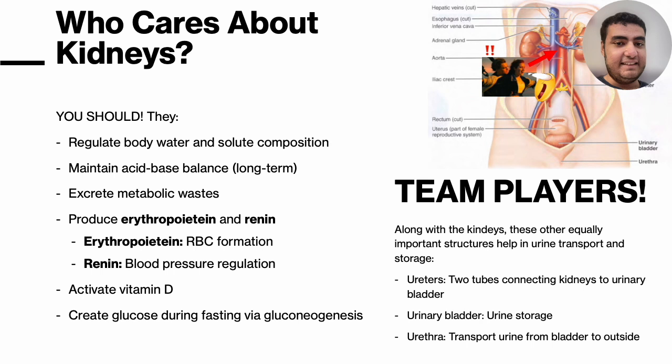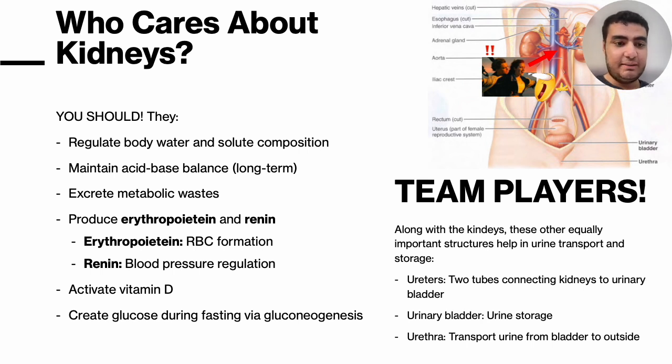So, what are the kidneys? Well, we all know the kidneys, they are very important organs, although they may be a bit underappreciated. They have a huge variety of functions, which include but are not limited to regulating body fluid and solute composition, which almost everyone knows about because of basic creation of urine.